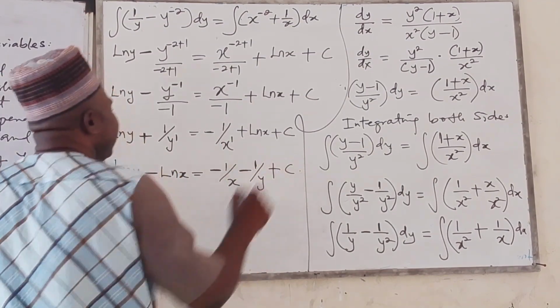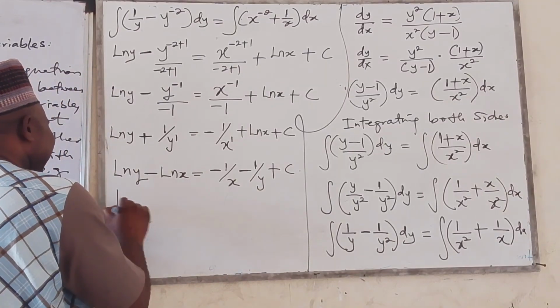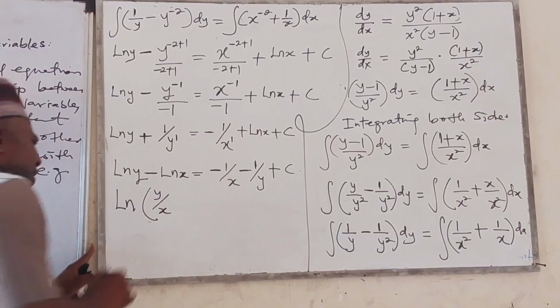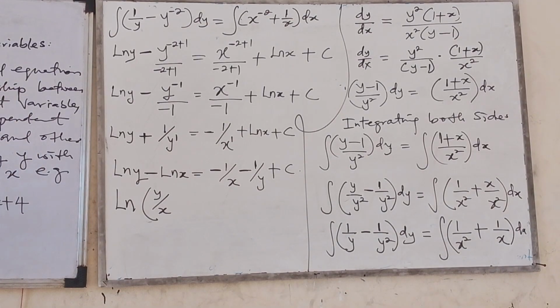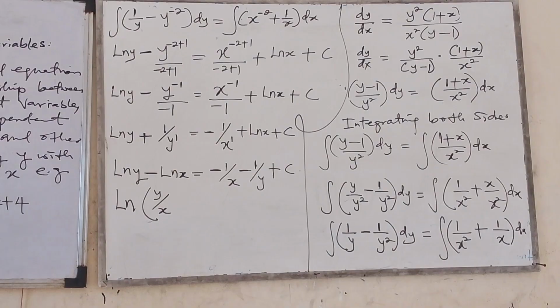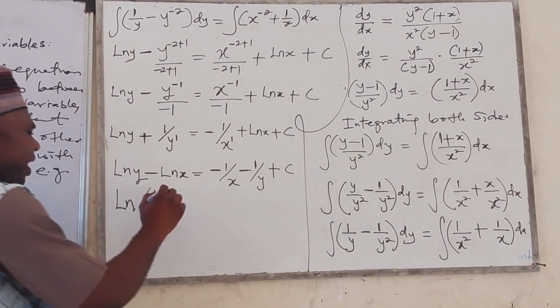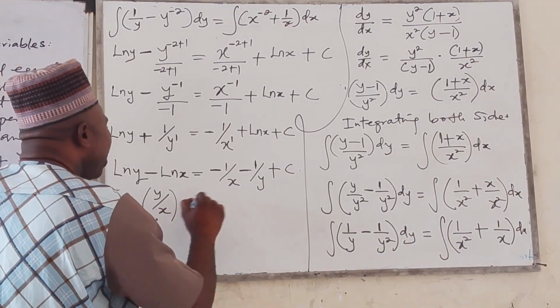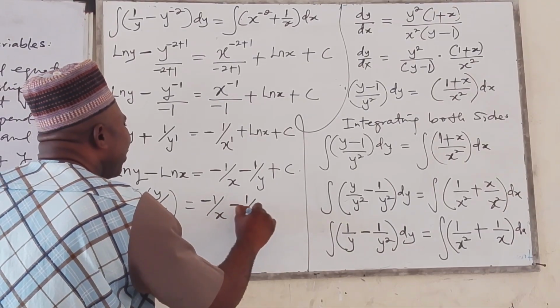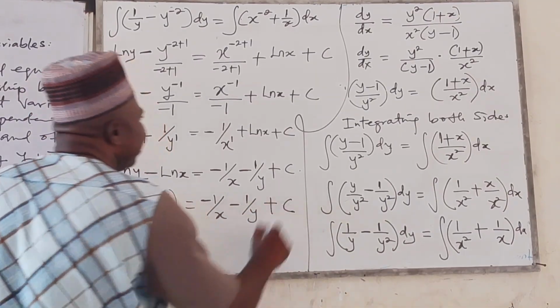Then we have plus c. So it therefore means that ln of (y all over x), because from one of the laws of logarithm, we said when you have subtraction, you divide. So we have ln of y all over x equal to minus 1 all over x minus 1 all over y. Then here we have plus c.